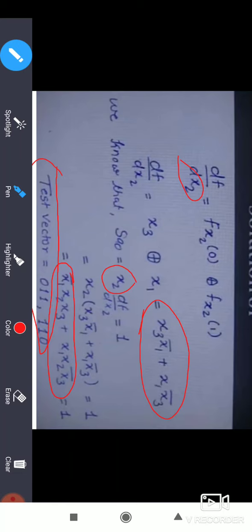We can represent it using the cube also: 0 1 1 and 1 1 0, same. If any term is missing, we can represent it as 2. Here I have only 3 inputs and all 3 are present.